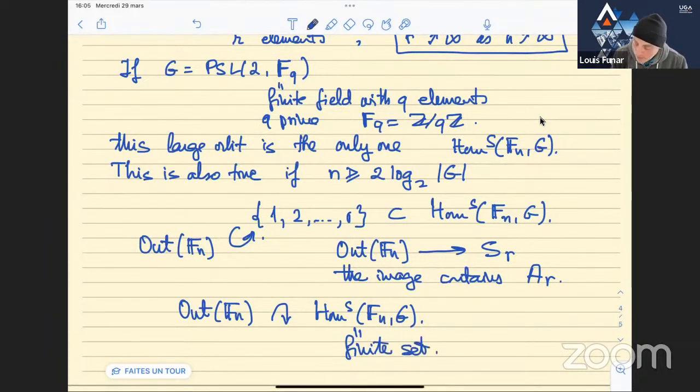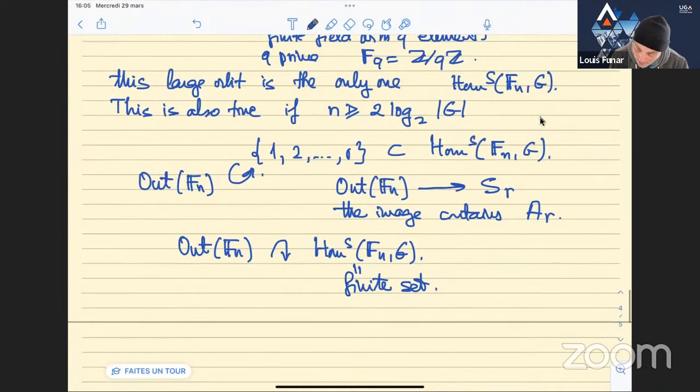So how does it act? It permutes. Every element of Out Fn is permuting this set. Okay, I see. So this is giving you automatically, because of the action, this map up here.